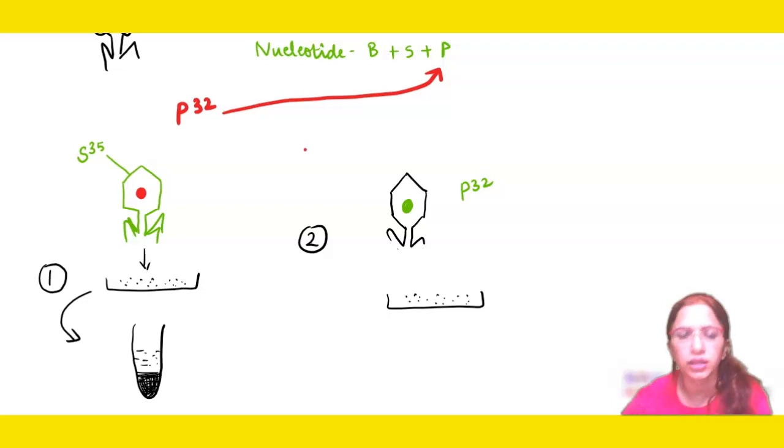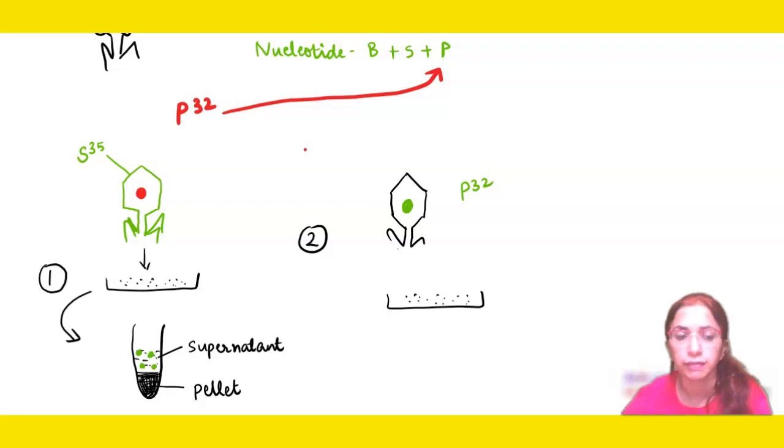So they noted that the entire radioactivity was associated with the above layer. Now in centrifugation, one more thing I wanted to tell, the lighter things always present at the top, and this part of the centrifuge product is known as supernatant, and the part which settles at the bottom is known as pellet.